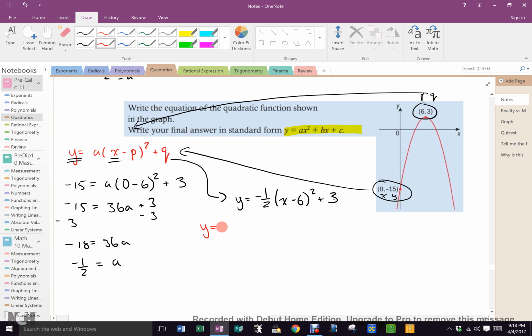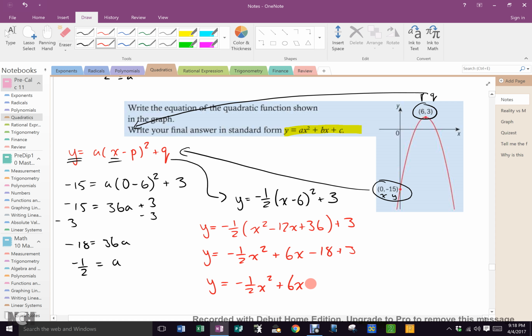So y equals negative 1/2 (x squared minus 12x plus 36) plus 3, which is y equals negative 1/2 x squared plus 6x minus 18 plus 3, which is y equals negative 1/2 x squared plus 6x minus 15. And now I check. It's got the right y-intercept. It's got the right stretch factor. So we're in good shape.